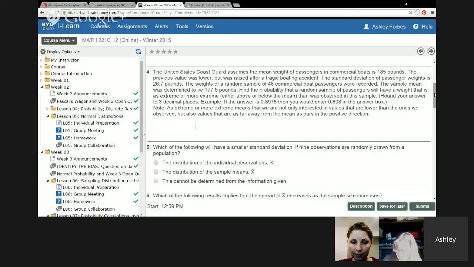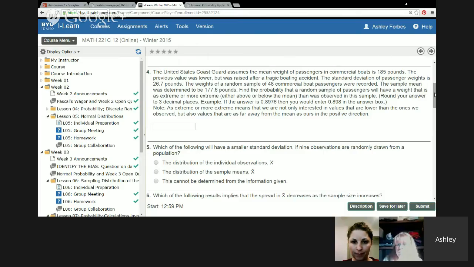So are we solving for x then, because we don't have an x? Would the x be 48? Oh, you're right. Okay, so x is 48. Weights of random sample of 48.